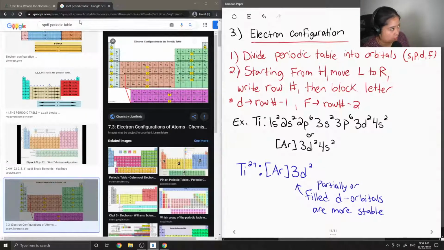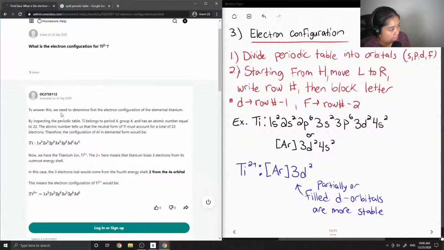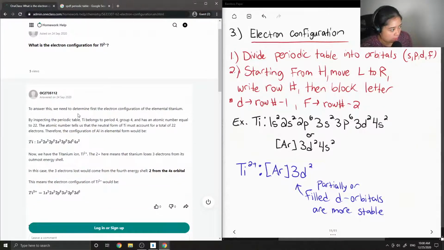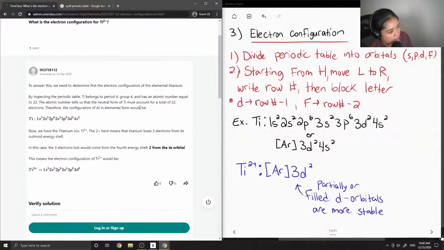Okay, so let's see what the junior tutor said. To answer this, we need to first determine the electron configuration of the elemental titanium. By inspecting the periodic table, titanium belongs to period 4, group 4, and has an atomic number equal to 22.